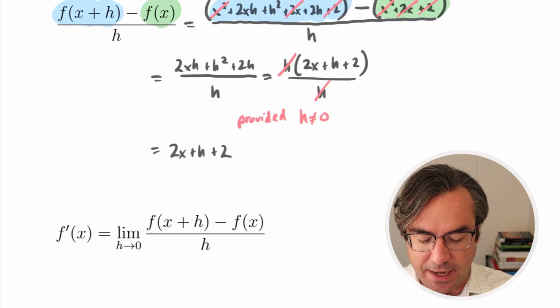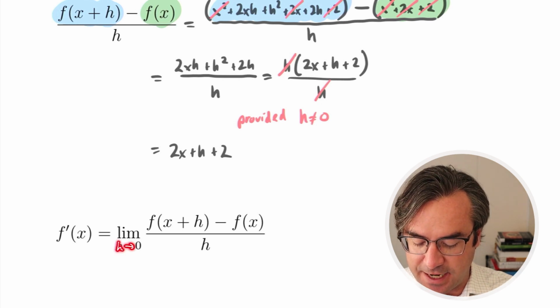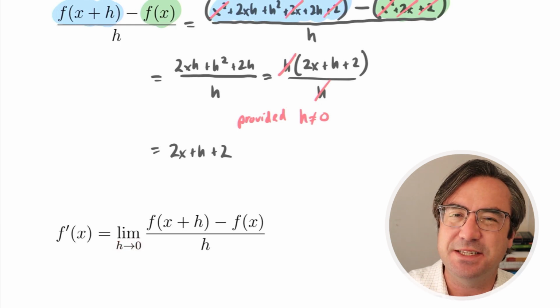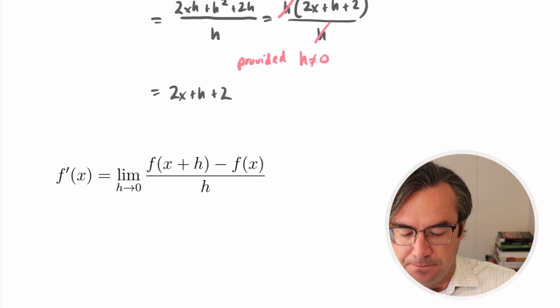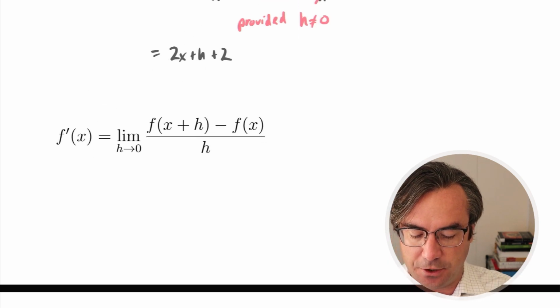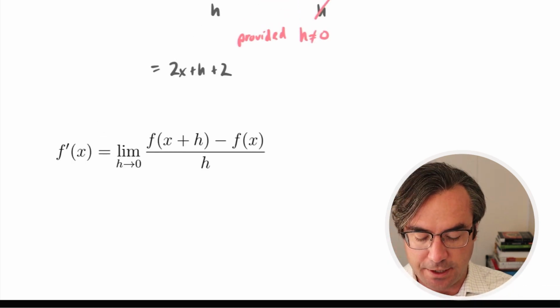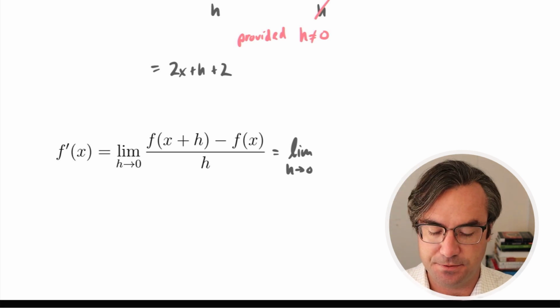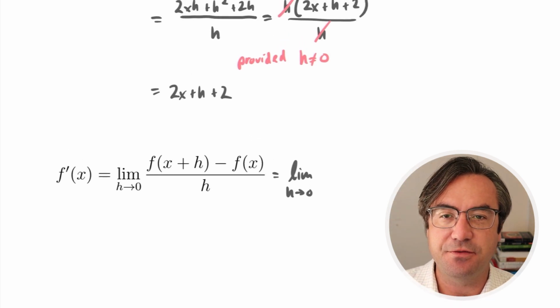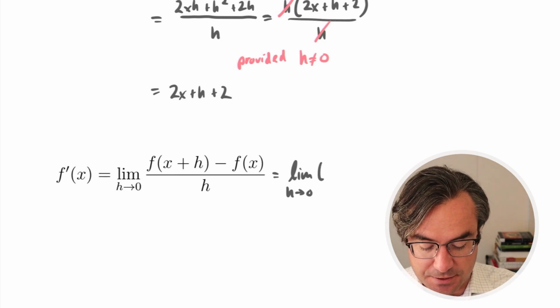And notice that we're okay because we're doing the limit as h is getting close to 0, but it's not quite 0. So h doesn't equal 0. Okay, so we're going to use this simplified version of our difference quotient. The simplified version here is just that 2x plus h plus 2.